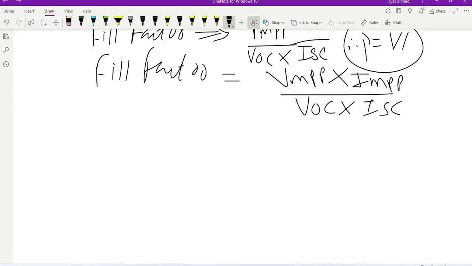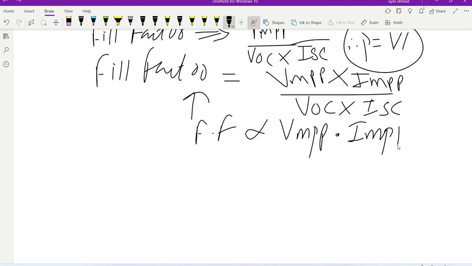If fill factor increases, then the power at maximum power point will increase. Fill factor is directly proportional to VMPP and IMPP. If fill factor increases, then VMPP will also increase, and IMPP will also increase.